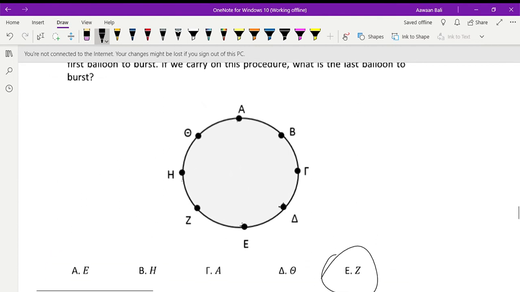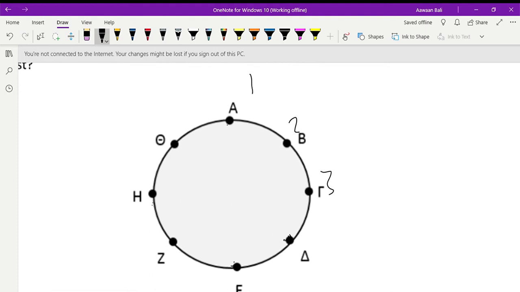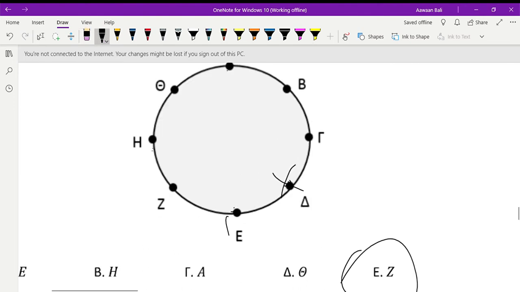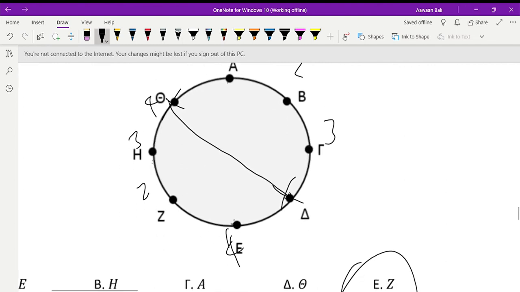Okay, so let's see. We first count 1, 2, 3, 4, and we know delta's burst. So that's where it starts. Then we count 1, 2, 3, 4. Then this is burst. Then we count 1, 2, 3, 4. Then this is burst.